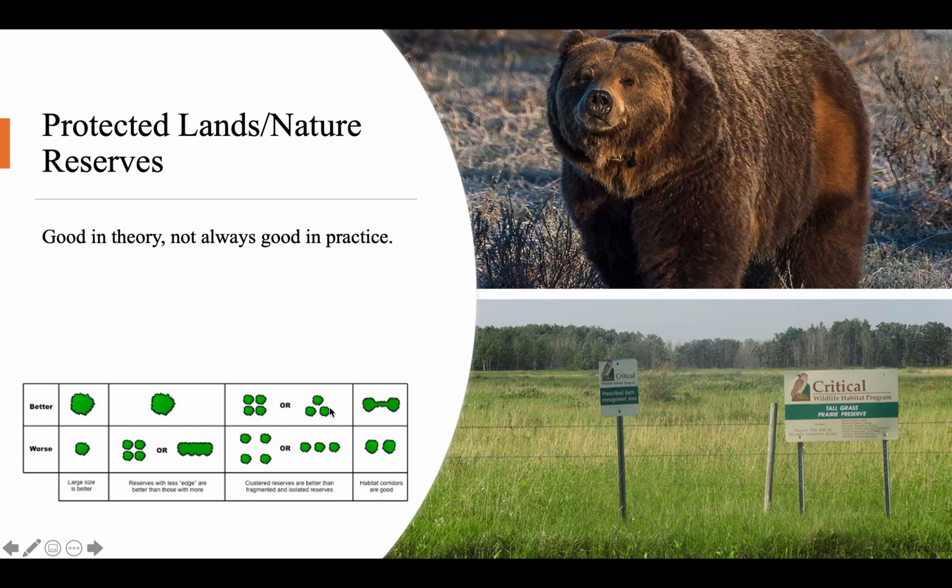Clusters work better, since a grizzly bear wouldn't know that it would need to hop along. And habitat corridors are good, allowing species to go in and out of various habitat fragments.